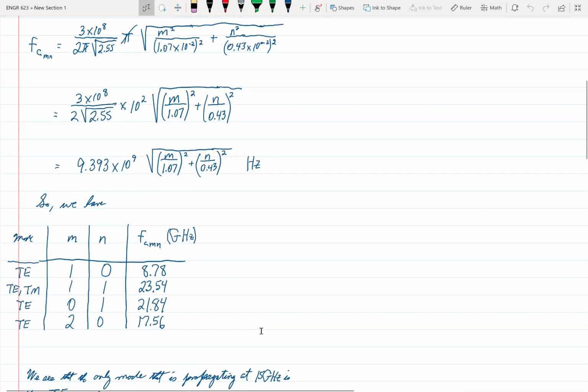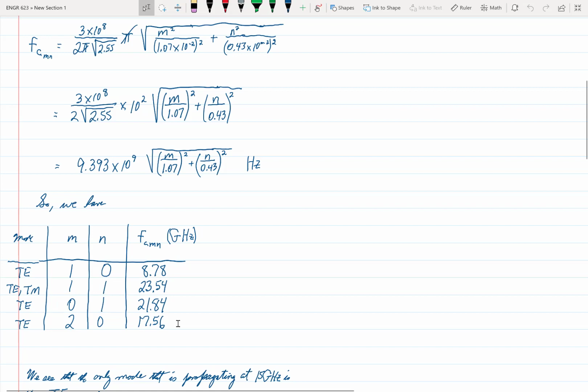So if we calculate the cutoff frequencies for a few of the modes, these are the lowest cutoff frequencies. The very lowest one, the TE10, will be 8.78 gigahertz. TE and TM11 will be 23.54 gigahertz. TE01 will be 21.84 gigahertz. TE20 will be 17.56 gigahertz.